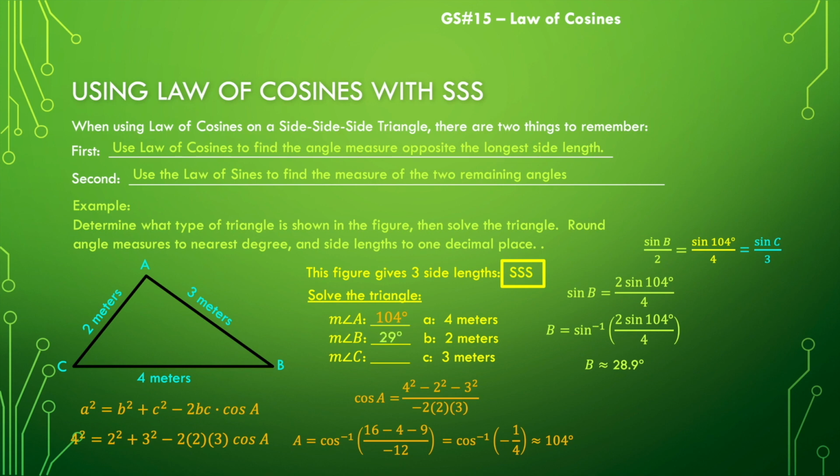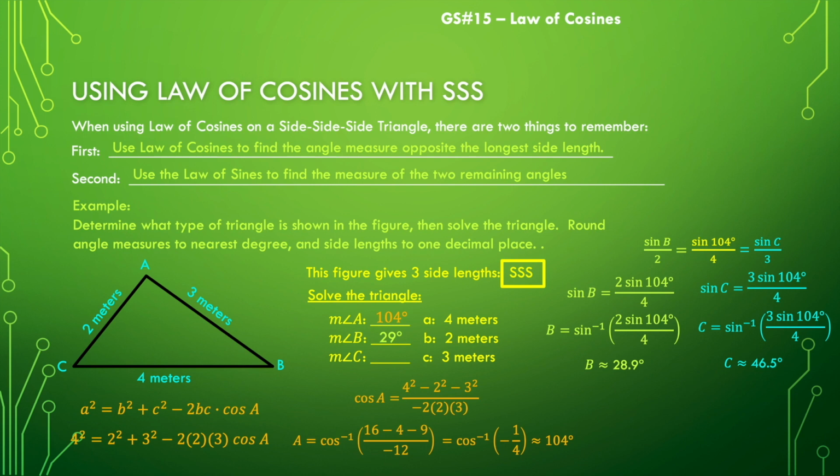And we'll do the same thing for angle C. We'll say the sine of C is equal to 3 times the sine of 104 degrees, and that's all divided by 4. And then we'll isolate C by taking the inverse sine and use our calculator to crunch that.